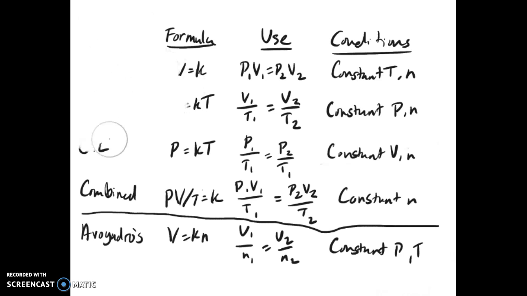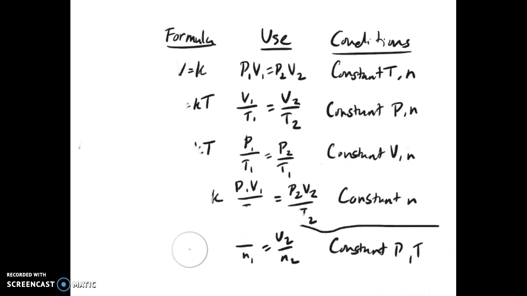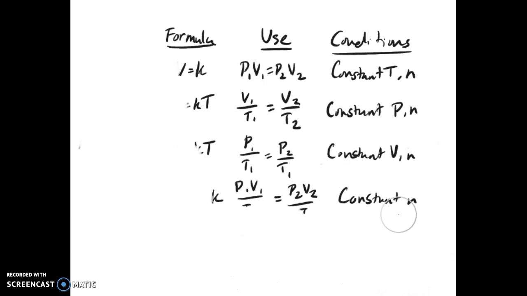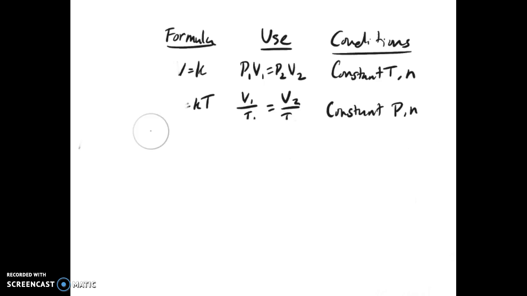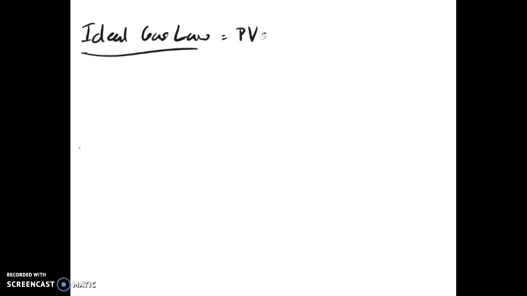Now there is one last law, but I'm not going to put it on the chart, which is the ideal gas law. Now the ideal gas law combines them together with a constant value called R. Because the ideal gas law is pressure times volume equals moles times the R value times temperature.